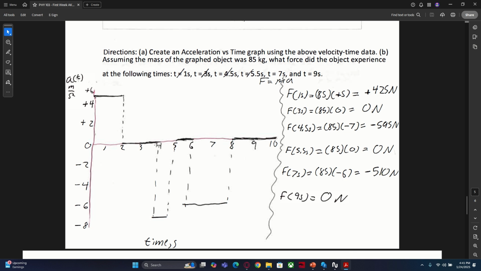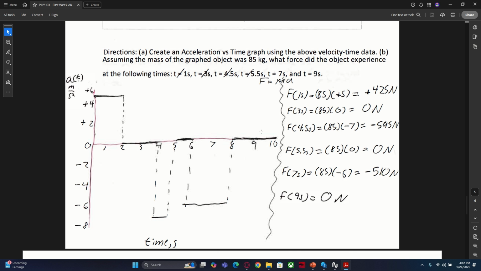Then between 3 and 5 seconds, acceleration is going to be negative 8 between those points in time. Between 5 and 6, the acceleration or the slope on the velocity versus time graph was 0. Between 6 to 8 seconds, the value was at negative 6. And between 8 to 10 seconds, we calculated it as 0 meters per second squared.